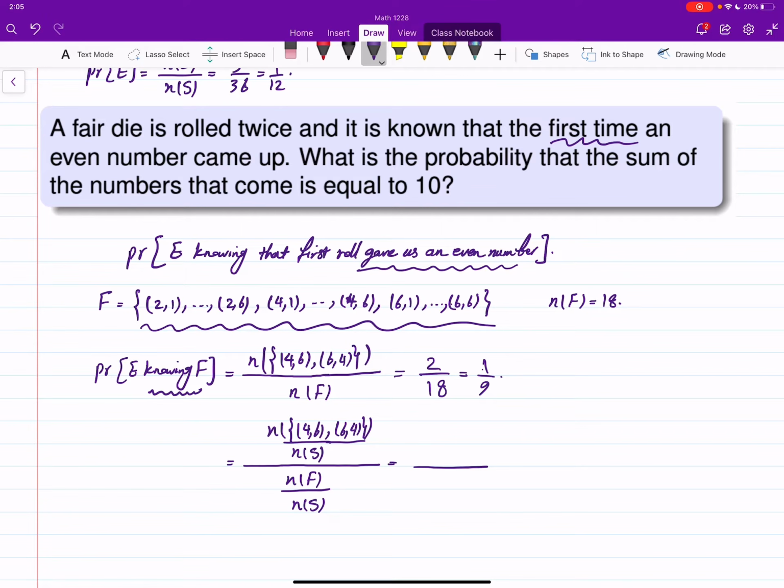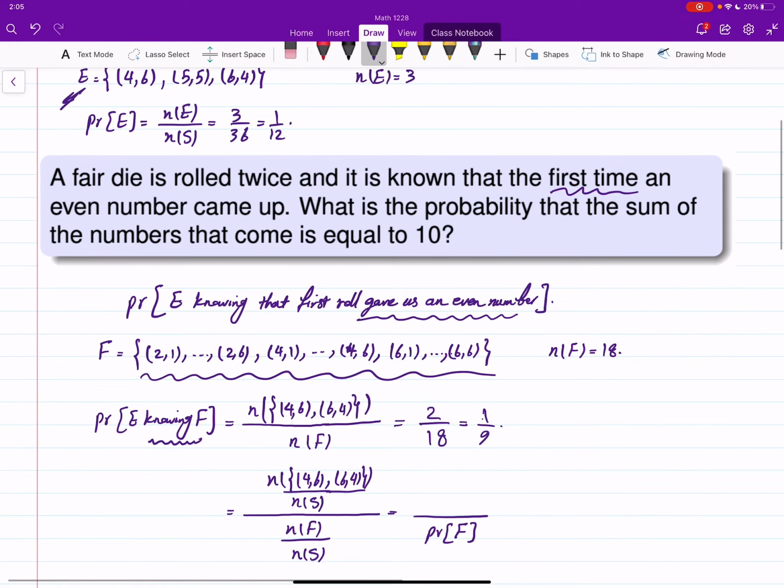Doing that, you see that the denominator is going to be the probability of F, considering the sample space that we had before. And in the numerator, you say that there is no E here, there is no F, but if you look carefully, we basically found the intersection of E and F, things that are in E and are in F. So what we had here was E intersect F in the numerator, count the number there, n of S down there.